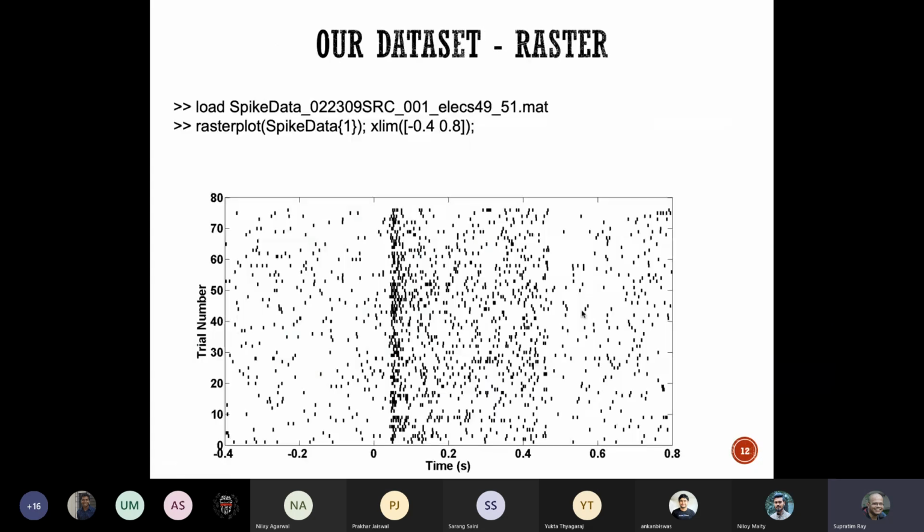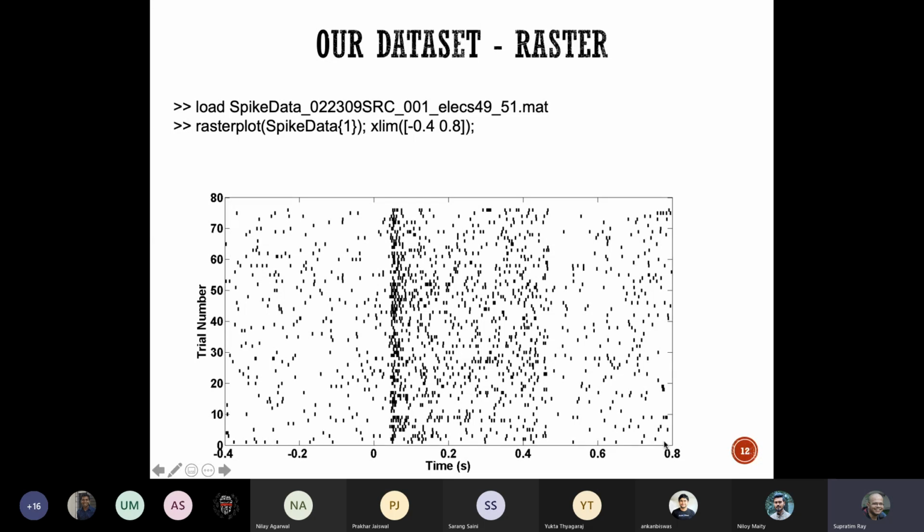So the data set that you guys have has this stimulus that's presented 76 times. This y-axis is trial number, and the stimulus is presented for 400 milliseconds. And the times are with respect to that time. So time 0 is when a stimulus is presented till 400 milliseconds.